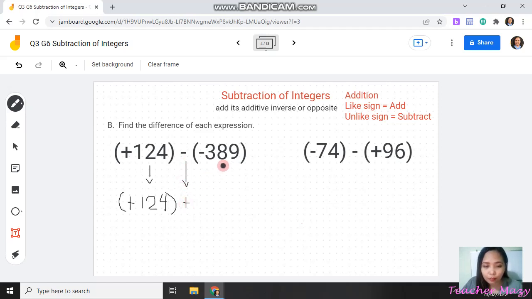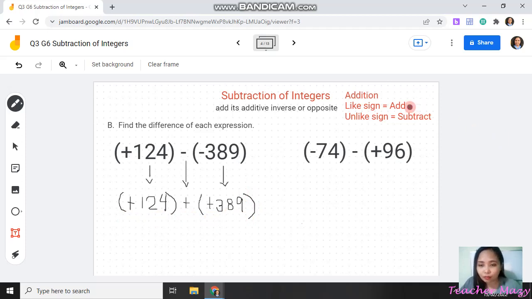And of course, we need to get the inverse of our subtrahend. So from negative 389, it becomes positive 389. Now we have positive 124 plus positive 389.